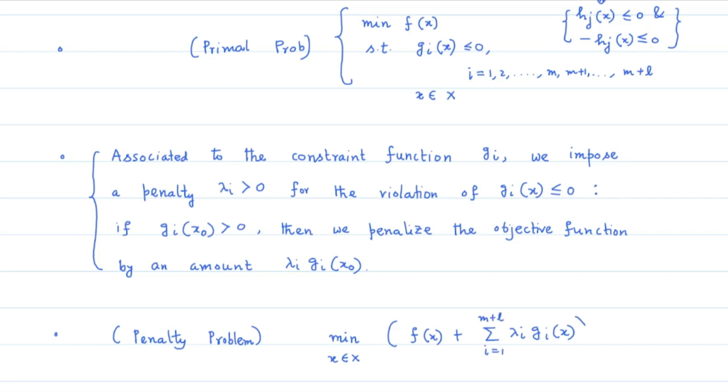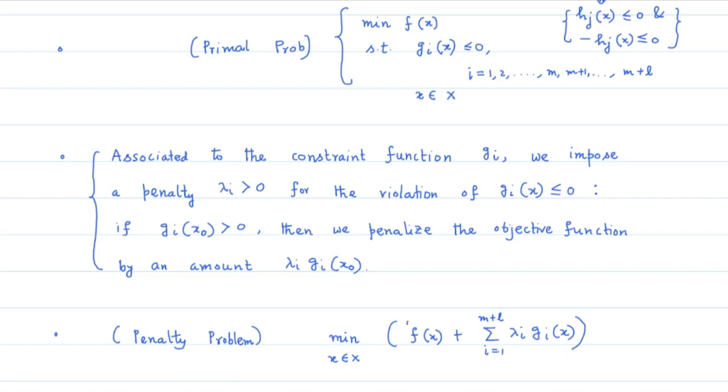Here we notice that whenever a point x naught in capital X is violating one of the constraints, then obviously some positive amount is contributed over here, and that will refrain us from realizing the minimum value of the objective function f.